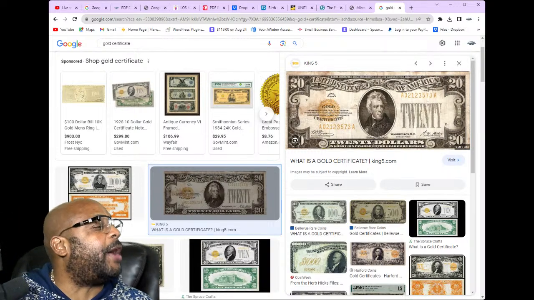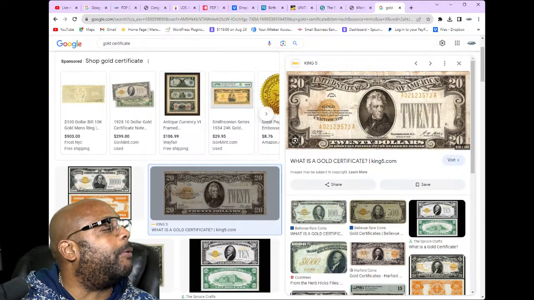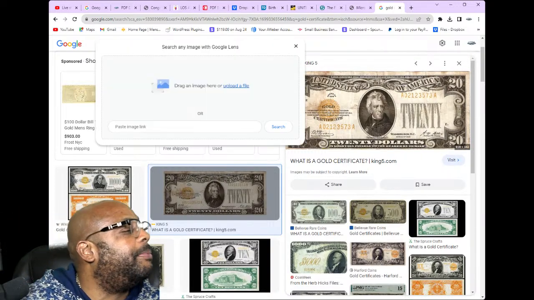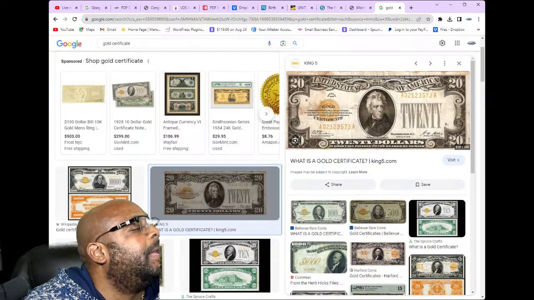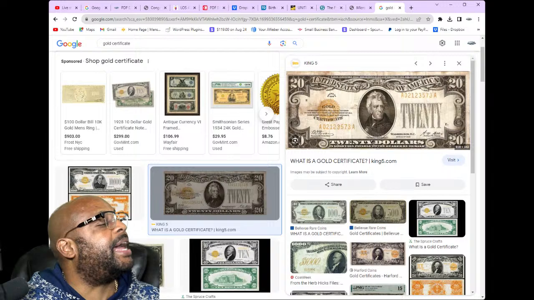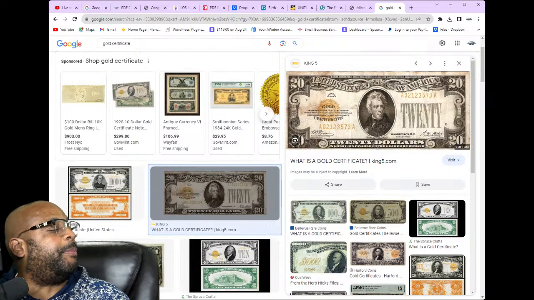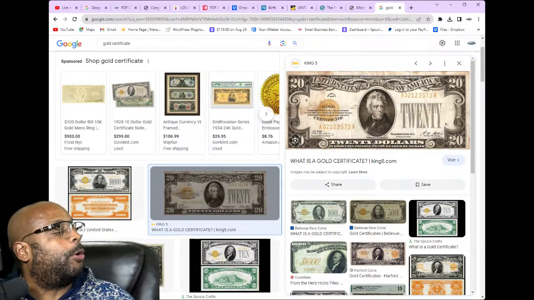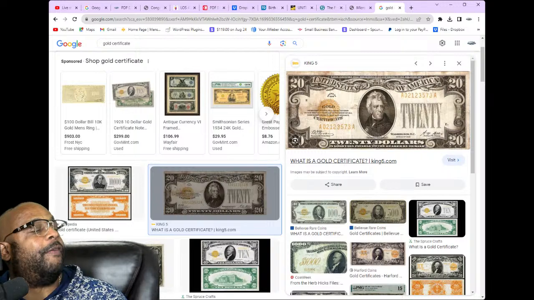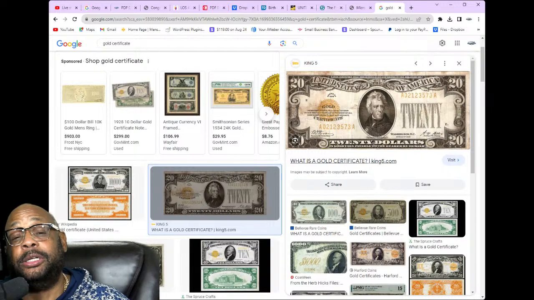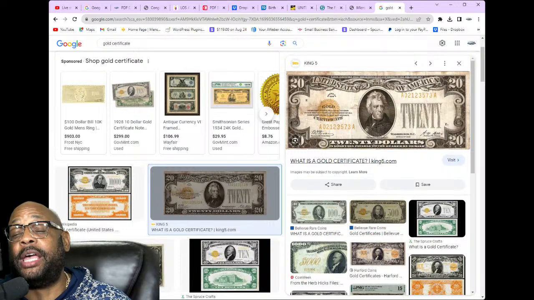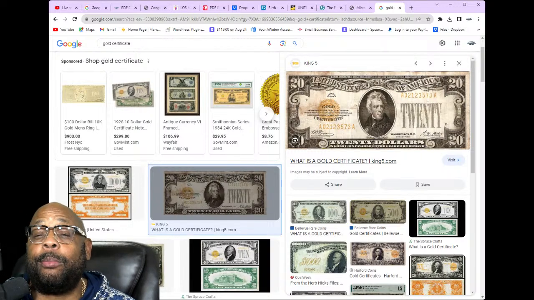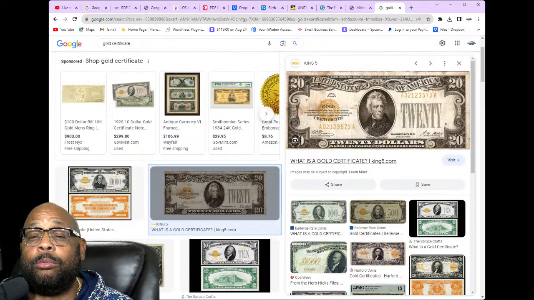It says this certifies that the bearer has deposited in the Treasury of the United States of America, $20 in gold coin payable to the bearer on demand. This is a bearer instrument. You can take this to the Treasury window and get gold for it. We can't do that no more. Why we can't do that no more?